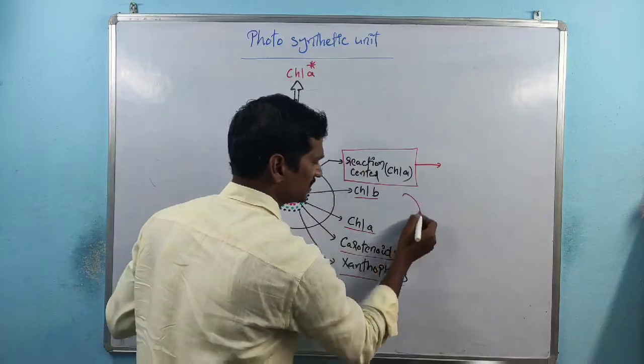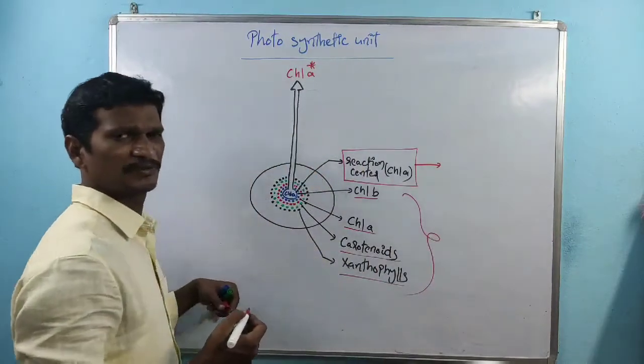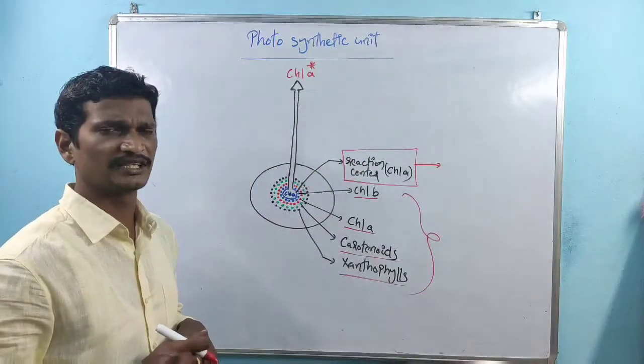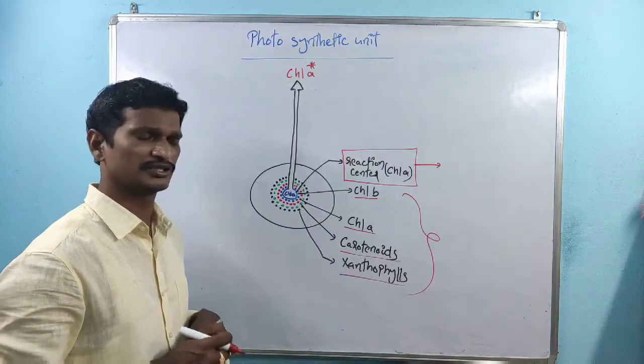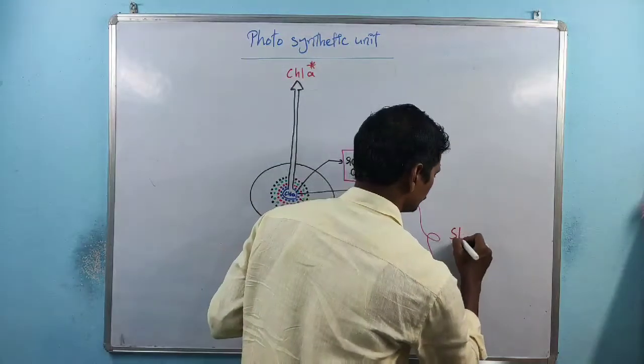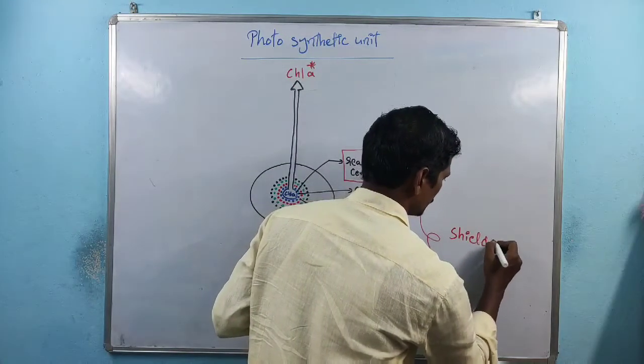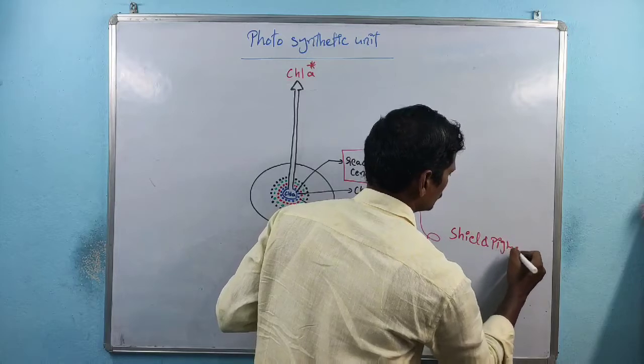This one is the major site for the reaction process, and these are called accessory pigments. These are also called LHC complexes, light harvesting complexes, which are also called shield pigments. Why are these called shield pigments?